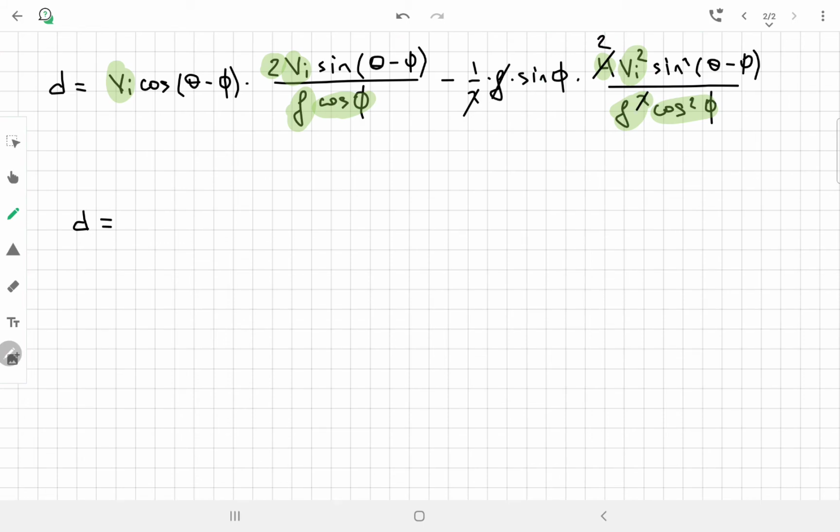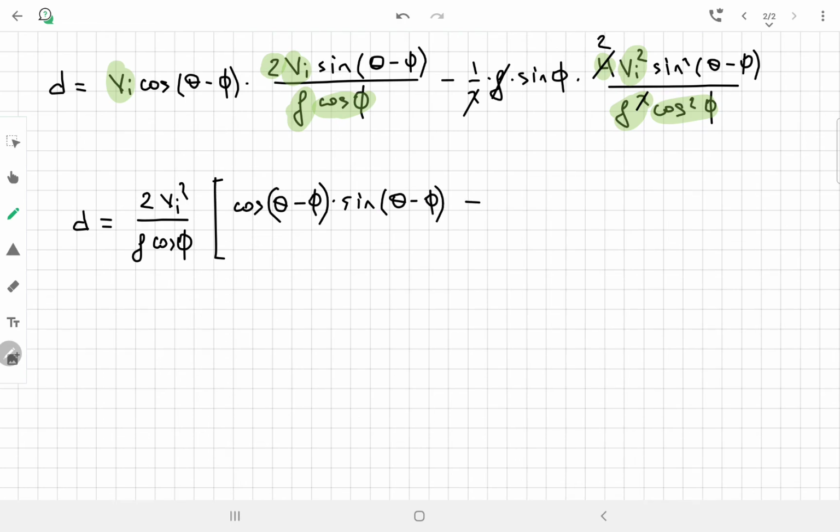One of the g will be cancelled here. Okay, so we can take outside of the bracket 2 vi squared, g and the cosine phi, and in the bracket we have cosine theta minus phi times sine theta minus phi.